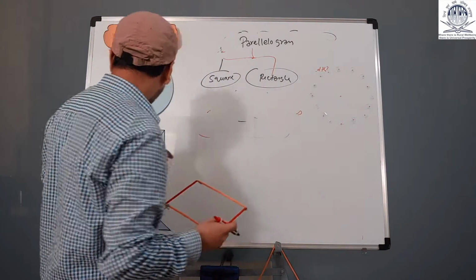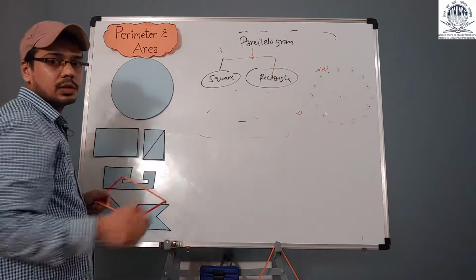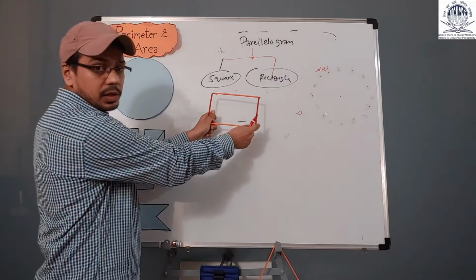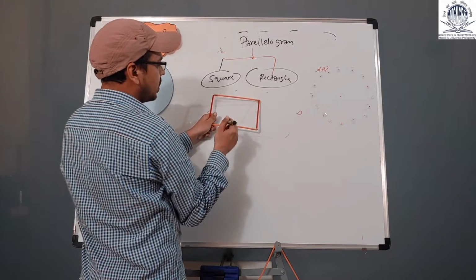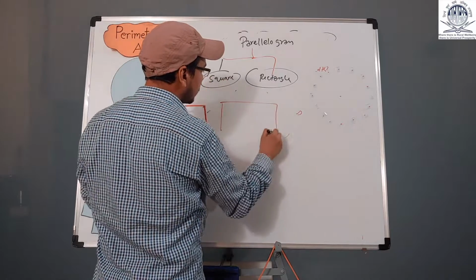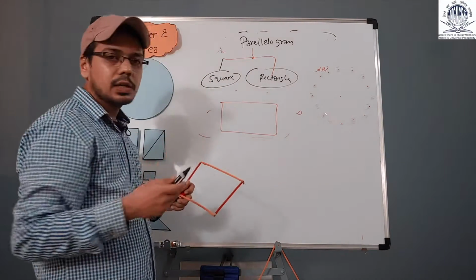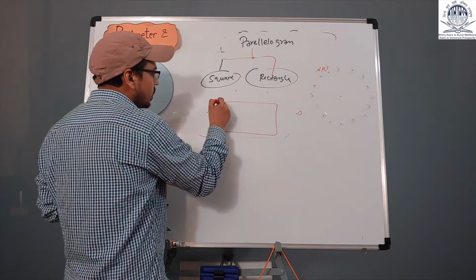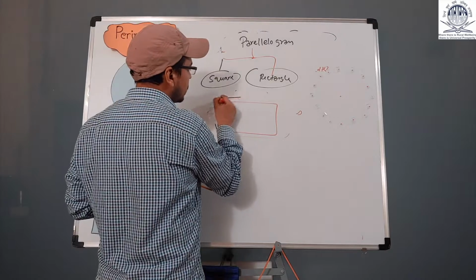Now the next thing we want to point out, since we're studying perimeter, is what's the perimeter of a rectangle. So I'll draw this rectangle like this, and as we discussed earlier, perimeter is something which is measured outside.